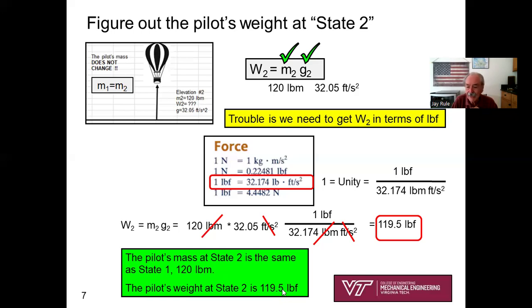I'm not writing out 8 significant figures for the person's weight, right? So instead of just writing out all those significant figures, I'm using some common engineering sense to say, well, I'm just going to report 4 significant figures, 119.5 pounds force.